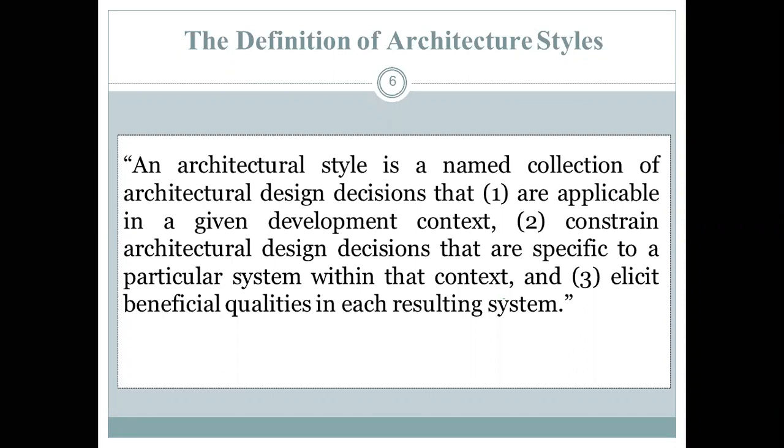Based on some conditions and constraints, we are going to design that architecture, specific to that particular system, within that domain or area of that system. Okay, this is the definition for architectural styles.